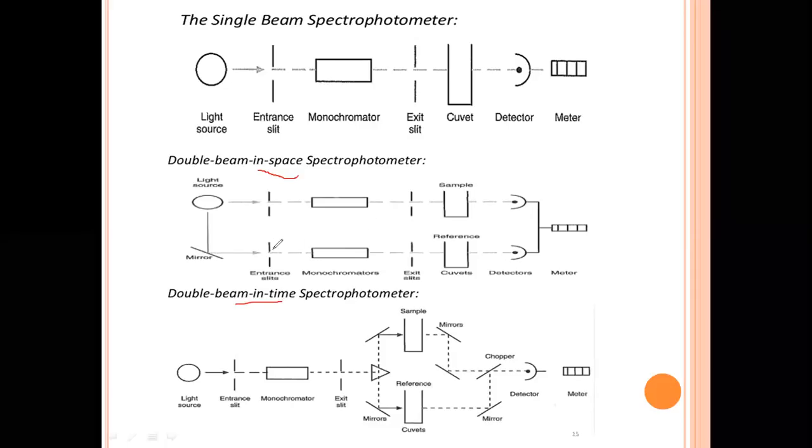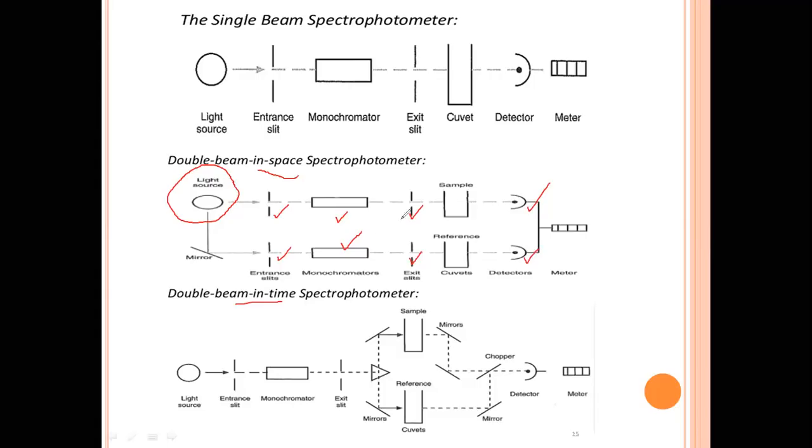With the double beam in space, you have one light source with two entrance slits, two monochromators, two exit slits, and two photodetectors. Again, with the double beam in space, one light source, two monochromators, two photodetectors.